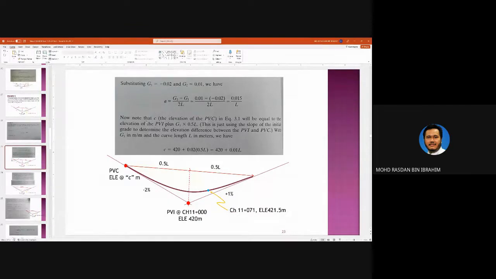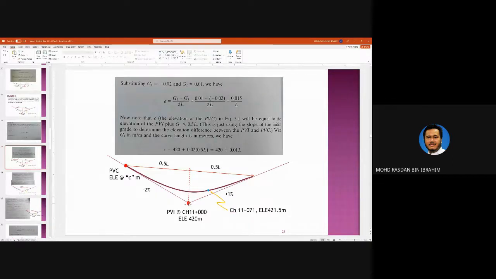So note that C, the elevation of PVC, will be equal to the elevation of PVI plus G1 multiplied by 0.5L. We know the elevation here is 420.